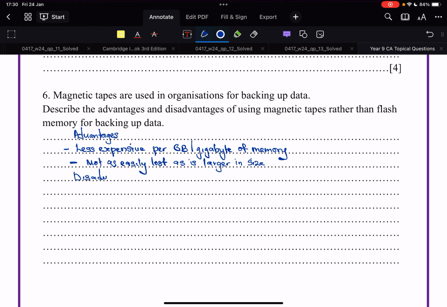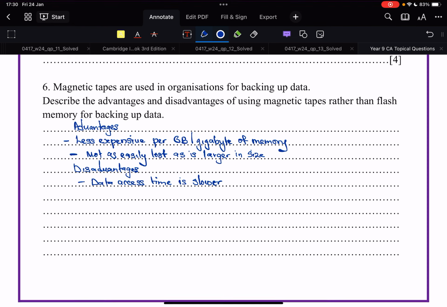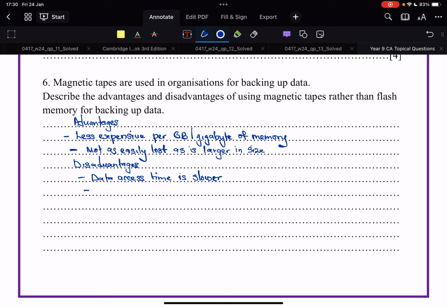Disadvantages: the data access time is slower, because accessing those data takes a whole lot of time. The same goes for data transfer rate, which is slower.